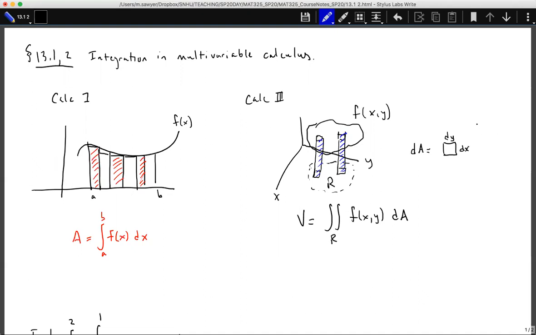So we know that for at least the xy coordinate system, dy dx will relate to the change in area. This could change depending on our coordinate system.